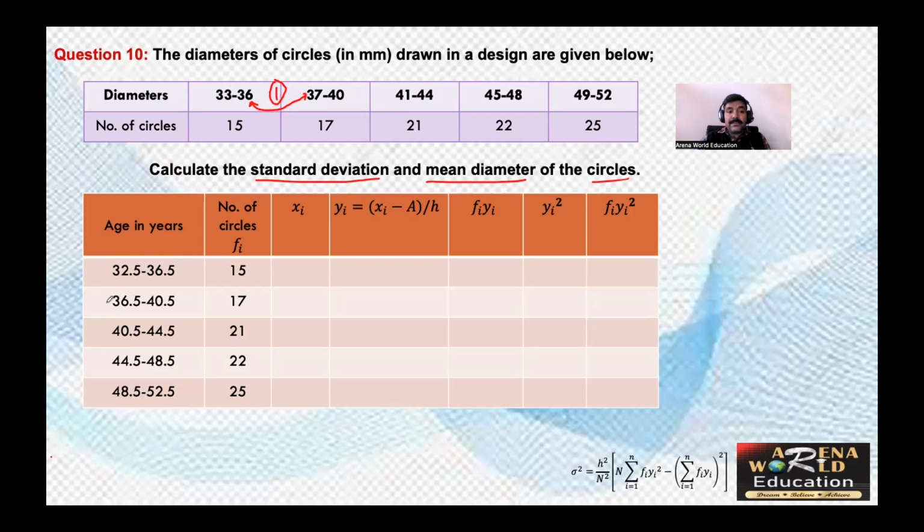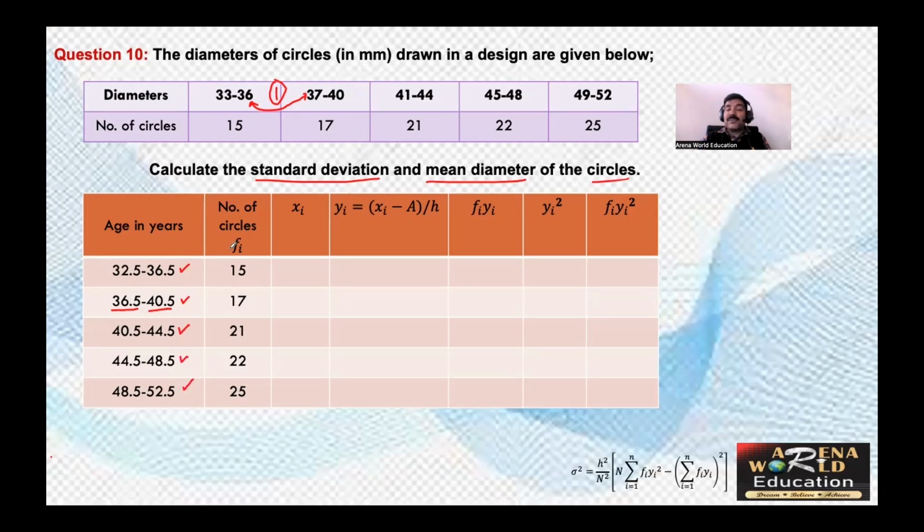You can see, right? And 40 will become 40 plus 0.5. So that will be 40.5. Similarly, look at third one, 41. Subtract 0.5 from this. It will be 40.5 and add 0.5 in 44. So it will be 44.5. So in this way, you can make given frequency distribution in continuous form, right?